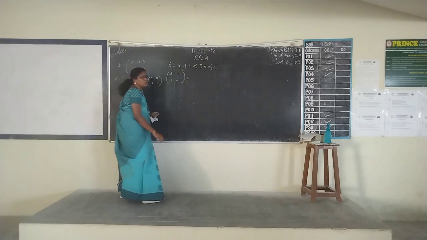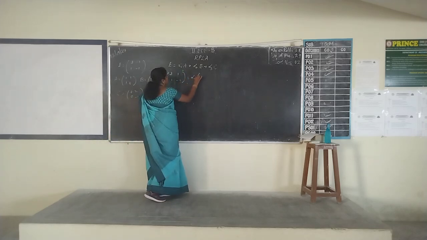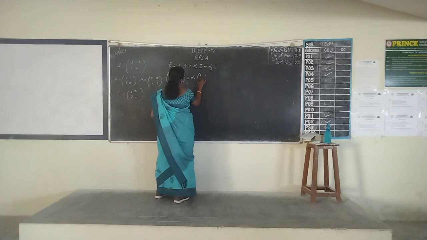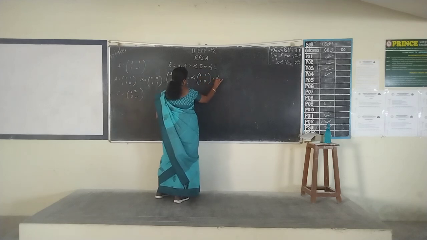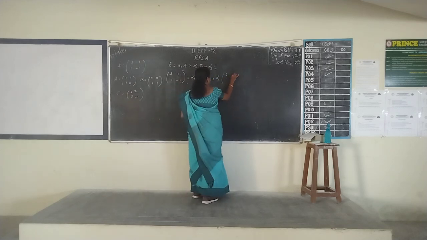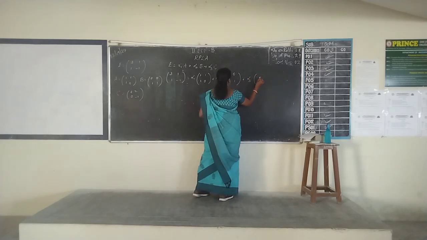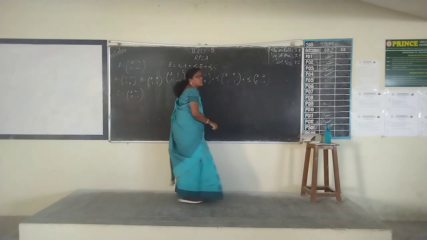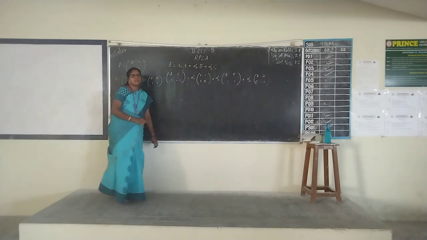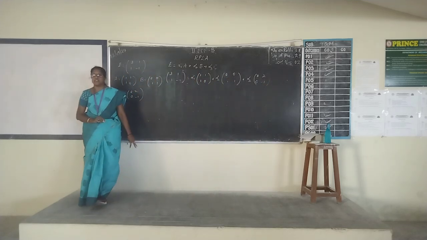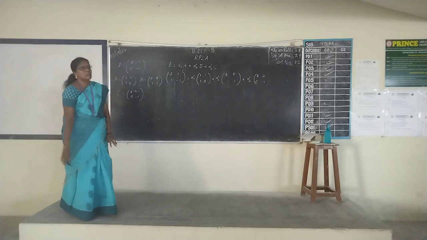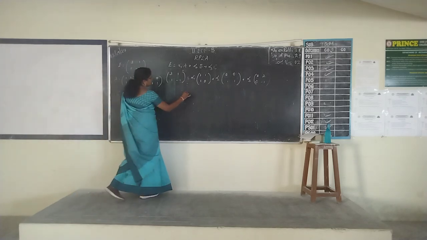That should be equal to alpha 1 into 1, 1, 1, 0 plus alpha 2 into 0, 0, 1, 1 plus alpha 3 into 0, 2, 0, minus 1. Now it is matrix addition. Add and tell me what is the final result. Add all the three matrices.